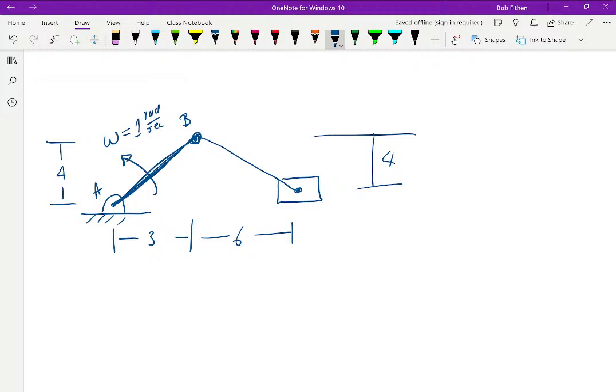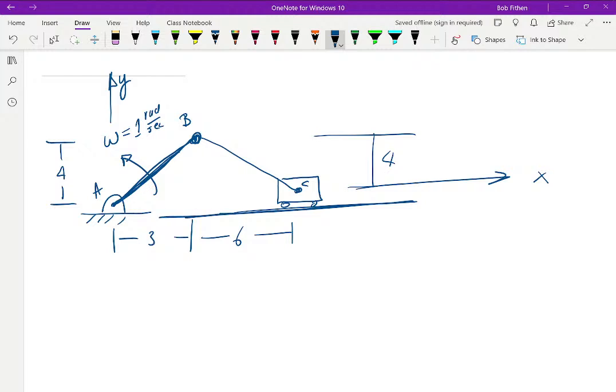So now, here's the difference. We're going to keep ourselves in an x, y coordinate system. We're going to stay Cartesian even though we have rotation. Oh, I need to call this C. And we'll say it's on wheels. It goes back and forth across this as this link goes backwards and forwards.